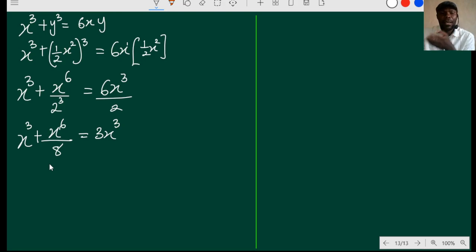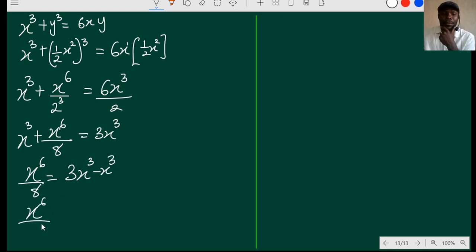Now, let's do something. We have x to the power 6 over 8 is equal to 3x cubed minus x cubed. So we have x to the power 6 over 8 is equal to 2x cubed.